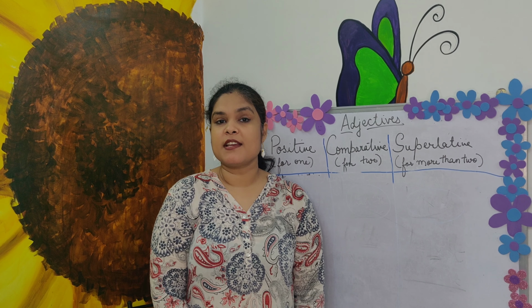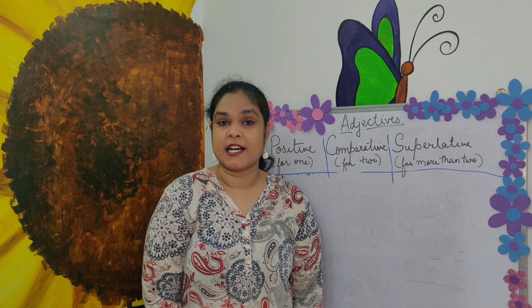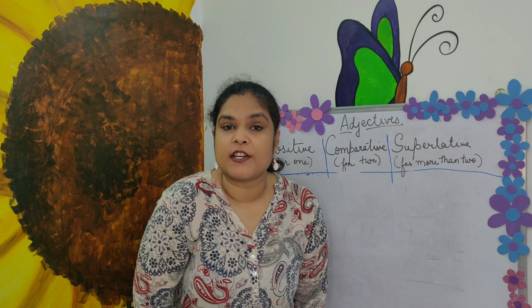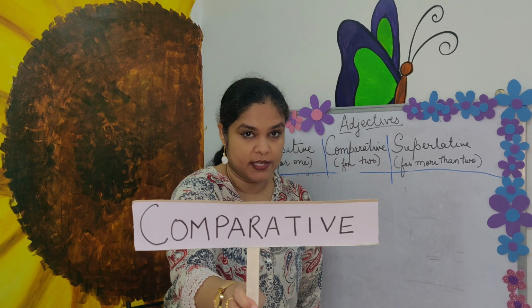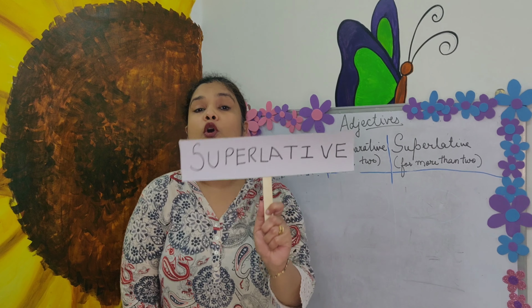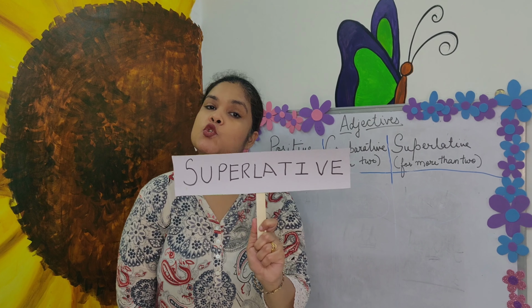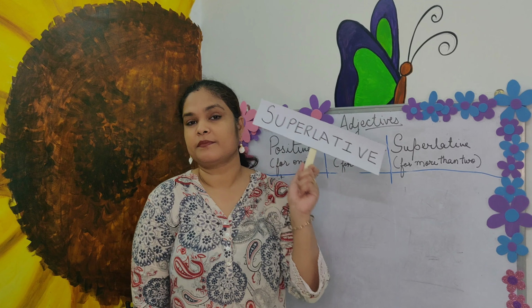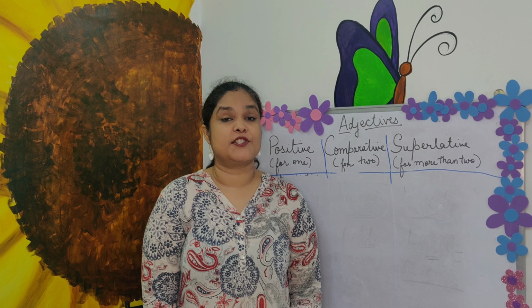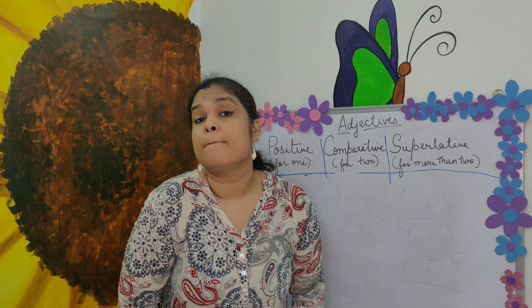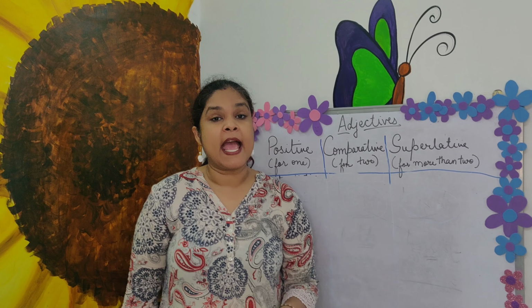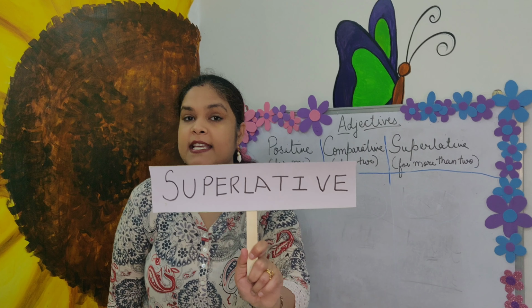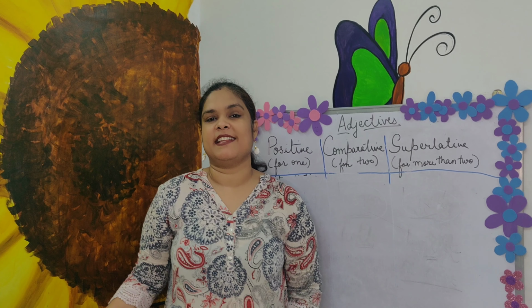Courageous is a positive degree of adjective. More courageous is the comparative degree and most courageous is its superlative form. Dirty is its positive form. Dirtier is the comparative degree and dirtiest is the superlative degree.